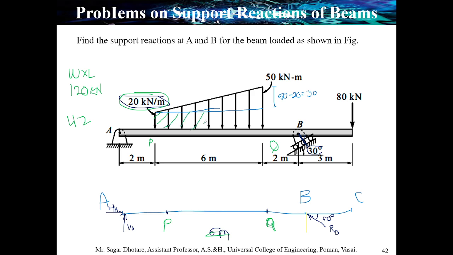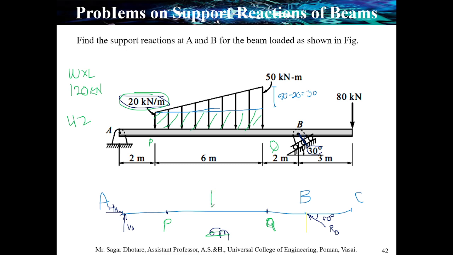So we have converted it, considering it is a combination of UVL and UDL. So we are taking this area as uniformly distributed load, 20 kilonewton. We can convert this 20 kilonewton into a single point force, that is 120 kilonewton, at a distance L by 2 from point P or Q, from both sides it is the same.